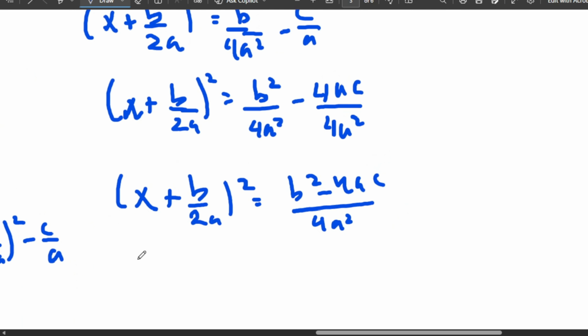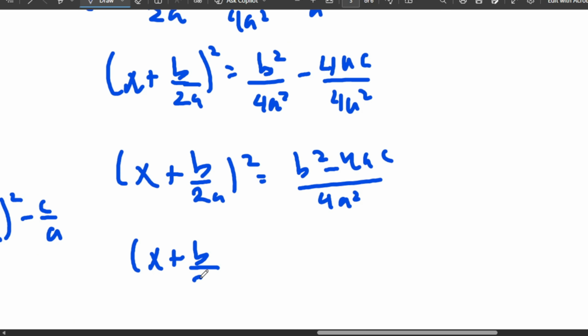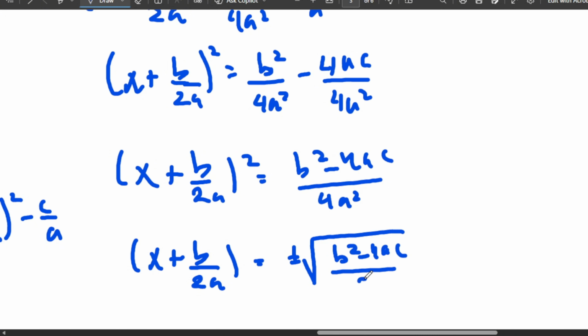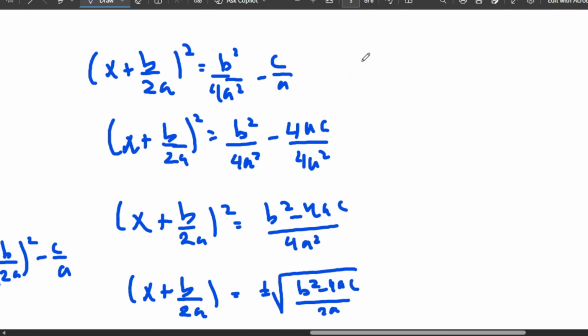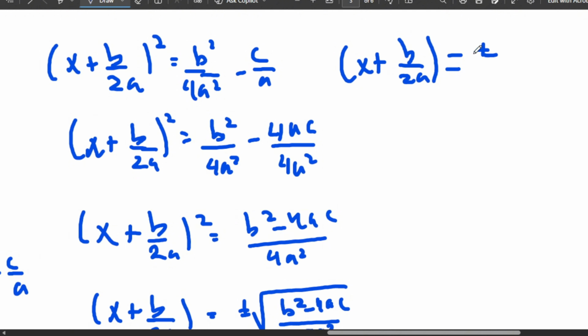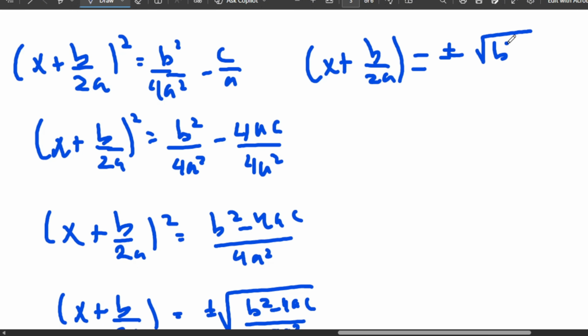We take the square root of both sides. This will be equivalent to plus or minus the square root of b squared minus 4ac over 2a, and we have x plus b over 2a equivalent to plus or minus the root of b squared minus 4ac, divided by 2a.